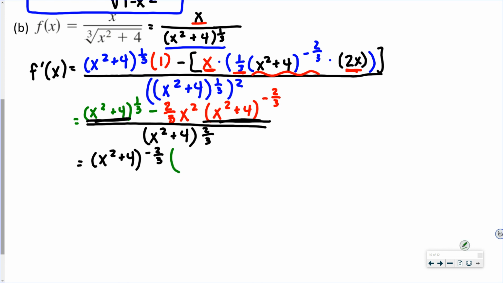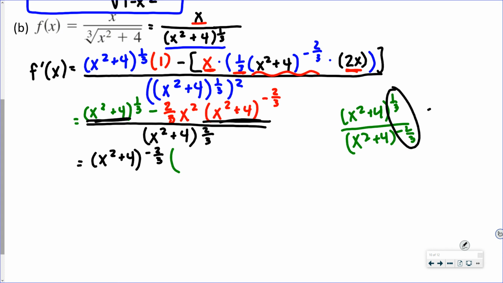So when I do that, and again, I can kind of do this math over here. When I have this, and I divide out this, when you're dividing, that's when you subtract the powers. I have a similar setup where I'm like, hey, one-third minus negative 2/3, I end up getting the power of 1.